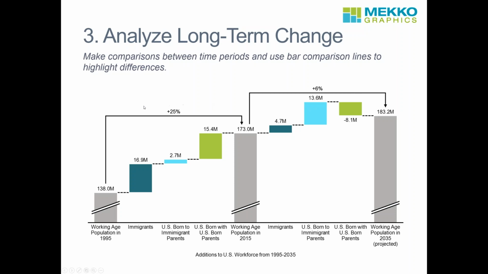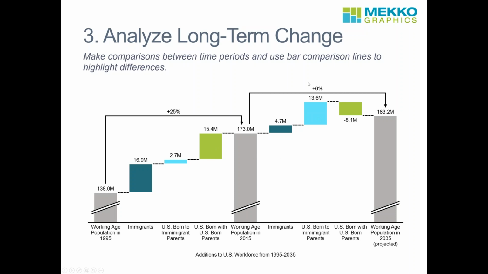So I'm looking at change in working age population starting in 1995 and how it grew basically 25% between 1995 and 2015, and where that growth came from. Seems like mostly from immigrants and US born with US born parents.